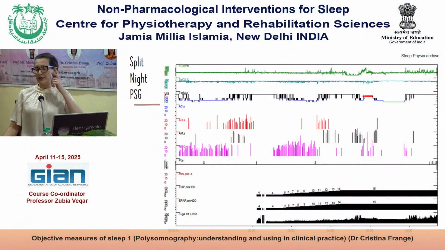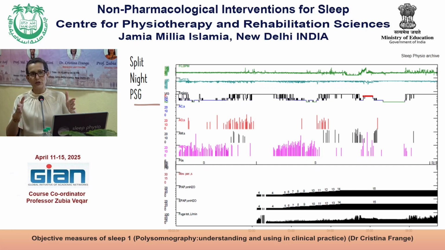So treating patients with PAP devices is not very easy, because depending on the pressure, you treat an obstructive event, and as you get higher pressures, you can develop central events.